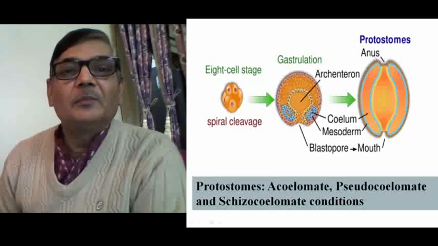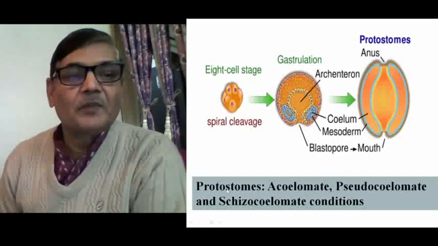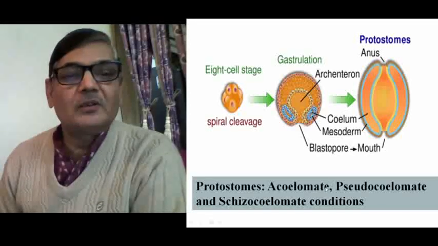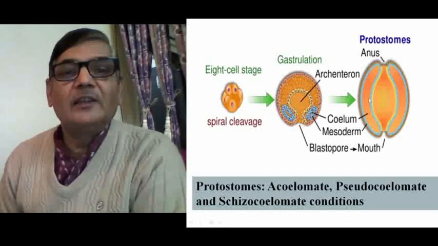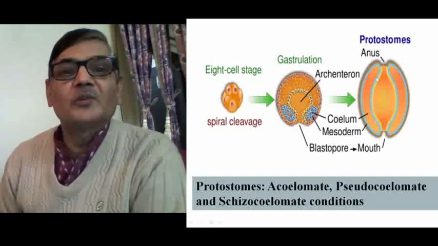So in protostomes, we find all three kinds of arrangements. That is the acoelomate condition, in which the coelomic cavity is not found at all. In their case, the mesoderm will not be splitting at all, and it will be totally filled between ectoderm and endoderm. Whereas the other type, that is pseudocoelomate, is also found in protostomes, that is roundworms.